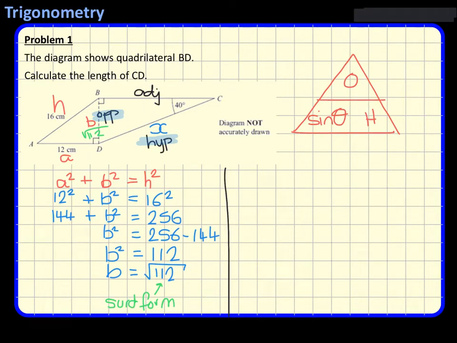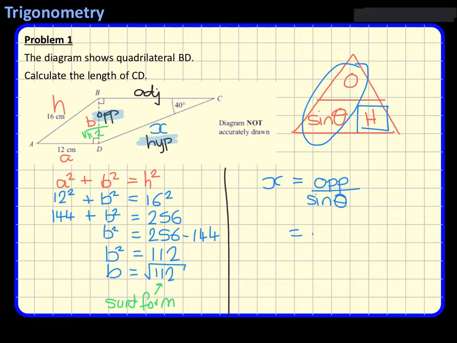So if I'm trying to find the hypotenuse, I imagine putting my thumb over the H, and it tells me that I need to do the opposite over sine theta. So X equals opposite over sine theta.